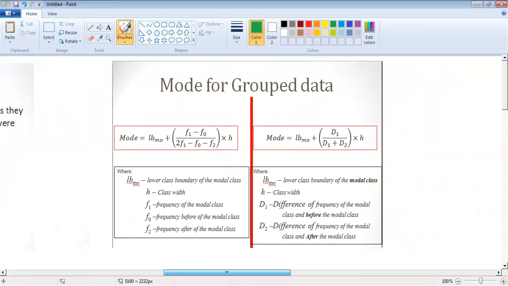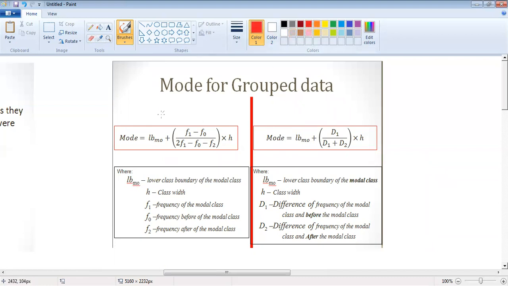Let's have the mode of group data. Maybe you try to search or look into different videos on YouTube. You might find different types of formula for the mode of group data.